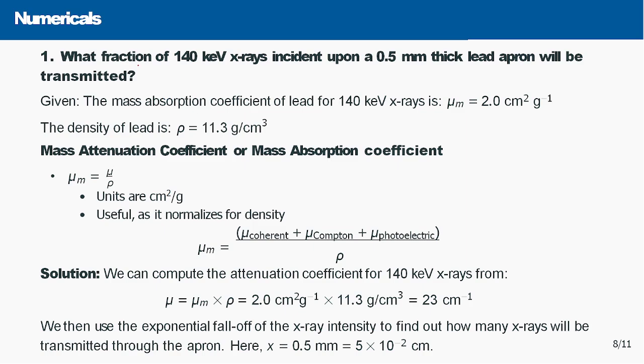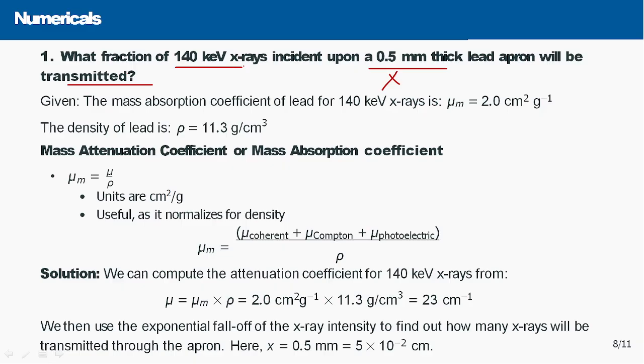Now coming to the numericals. The question is, what fraction of 140 kilo electron volt X-ray incident upon 0.5 mm thick lead apron will be transmitted?